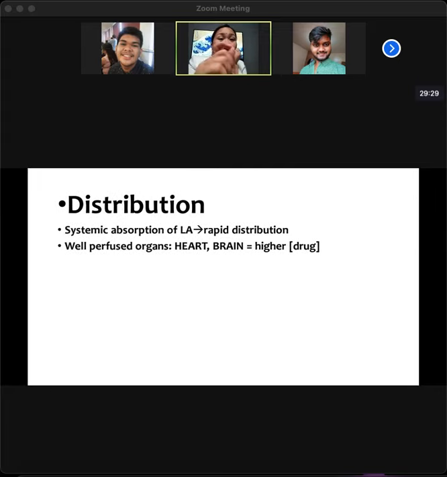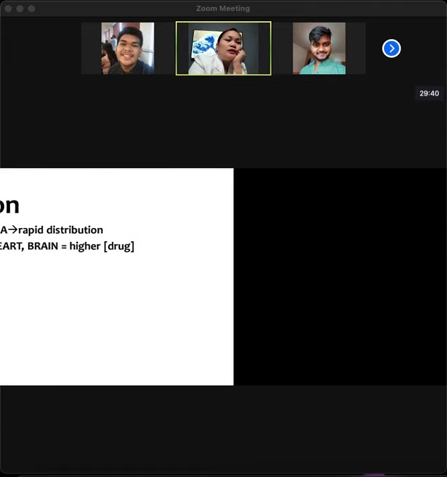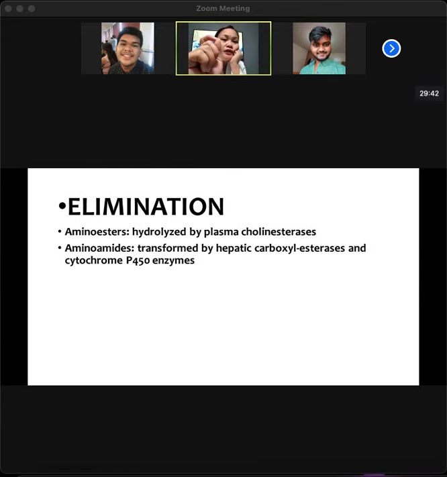That's why if you give large doses of your local anesthetic, it might cause toxicity. So you should be cautious in giving large doses.